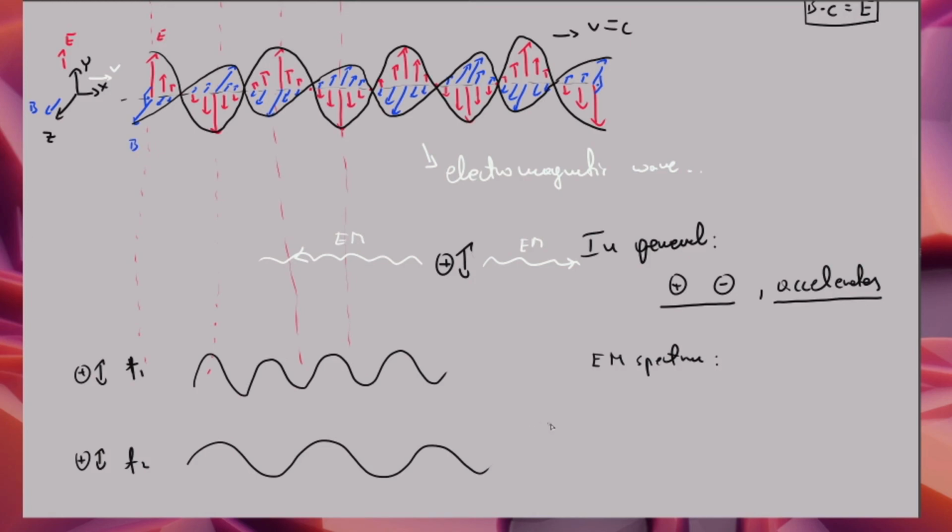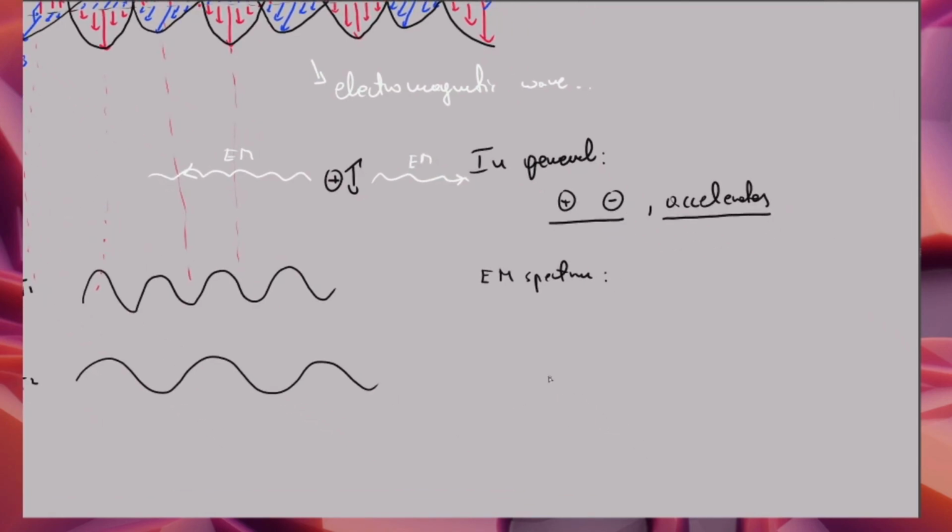I don't think I have enough room here, so what I'll do is this: radio, microwaves, I think the next one is infrared. Then after that we have the visible. These are the forms of electromagnetic waves that our eyes can detect. Then we have UV, X-rays, and then gamma rays.